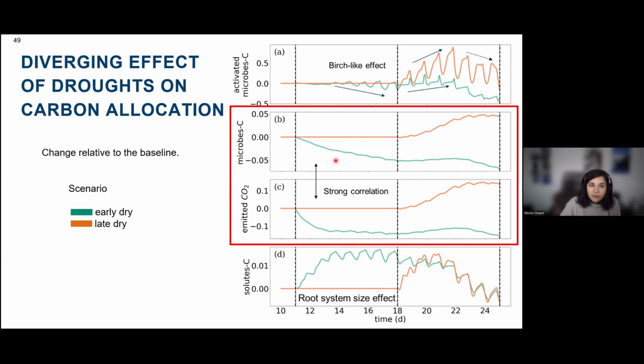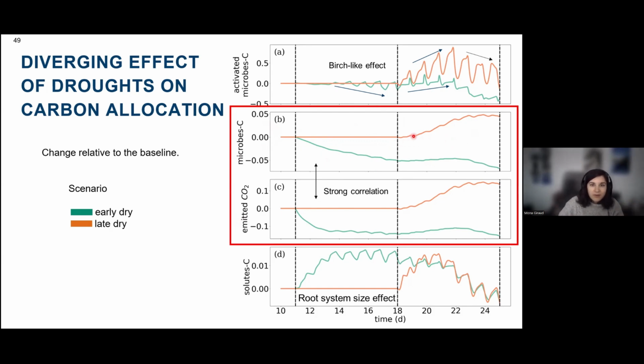And then we can look at the total amount of microbes and emitted CO2. So first, for the total amount of microbes, we have divergent results between the early and late dry spell, and that is linked to the total amount of carbon that is emitted. Because you have those very active microbes that can really take up what is released by the plant with their starving survival lifestyle, the total amount of microbes at the end of the simulation is really dependent on how much the plant exudated.